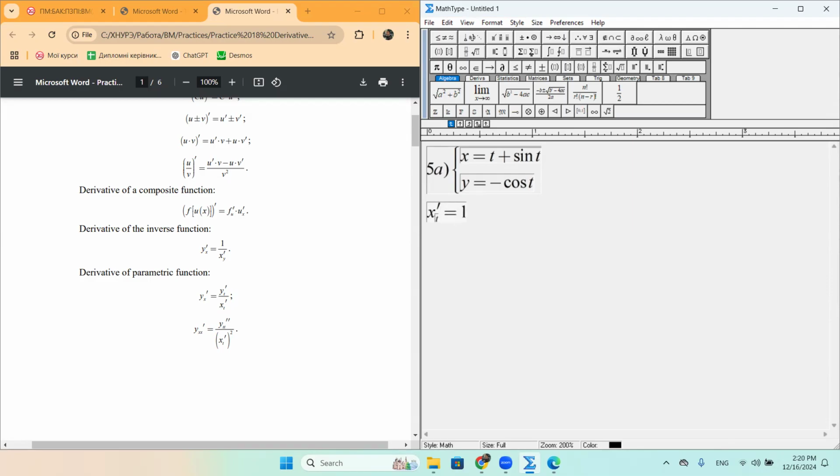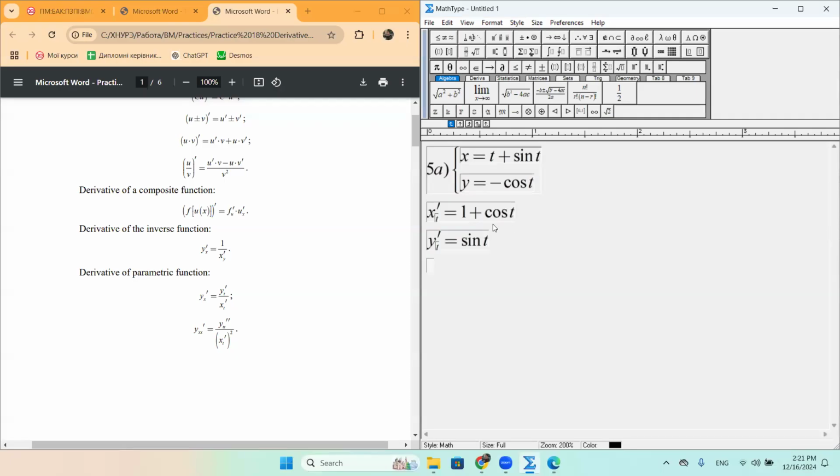So x prime by t equals 1 plus cosine of t. And y prime by t equals sine of t.